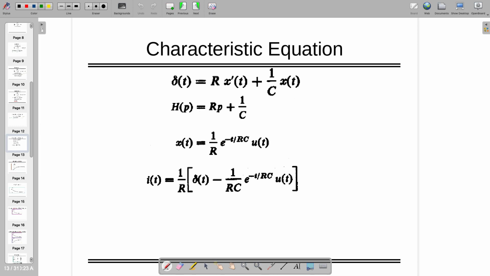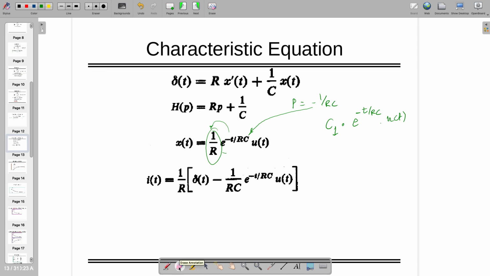If it is minus 1 by RC, you know that the solution of such a system, if it is happening at only one place, is different, but for this case the solution is e raised to minus t divided by RC, times initial condition. If you remember, you used to write down C1 times e raised to minus t by RC, right? And when it's multiplied by u of t, that is what the input, right?